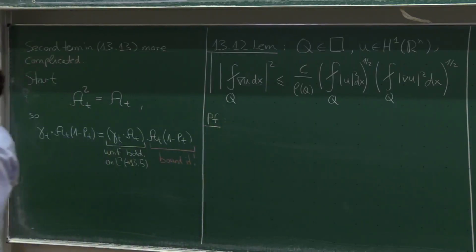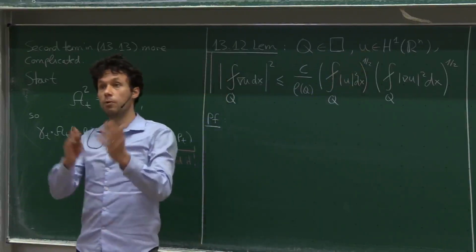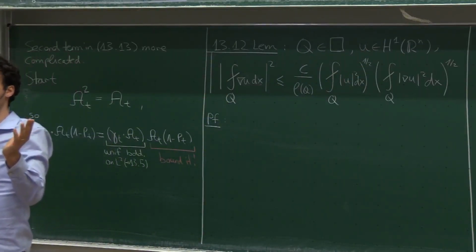Proof. How do you prove such a thing? Well, to give you an idea of what's really going on, imagine that U would be such that its support would be a compact subset of my cube.